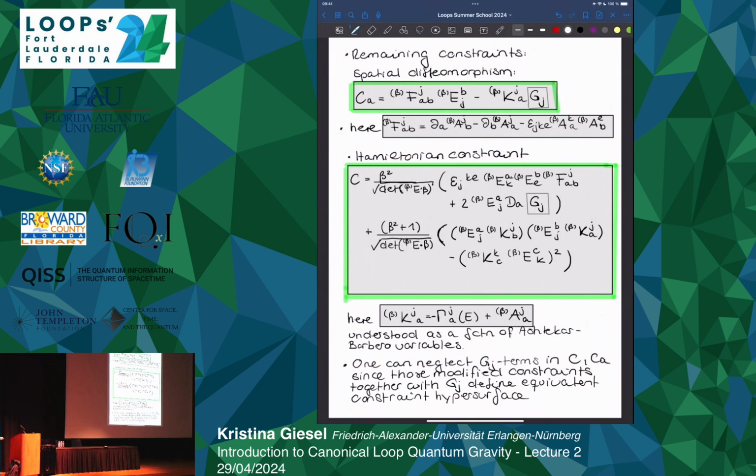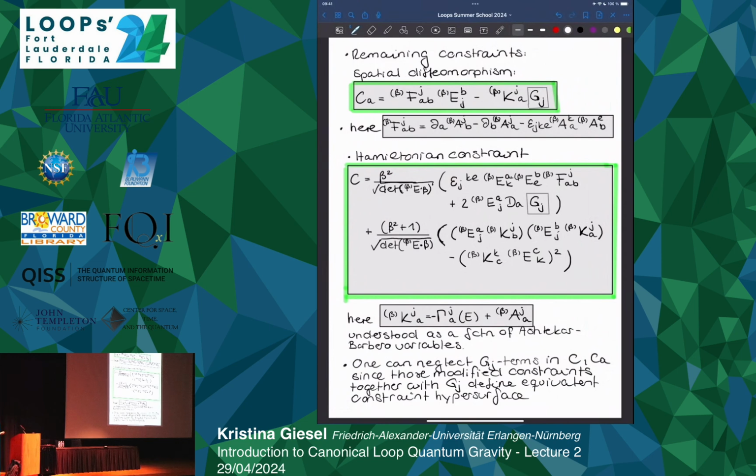And similarly, the Hamiltonian constraint in terms of these new variables has this form, which also, as you can see, is some expression, but then there are additional contributions from the rotational constraint occurring, which is also the reason why the algebra includes these additional contributions.